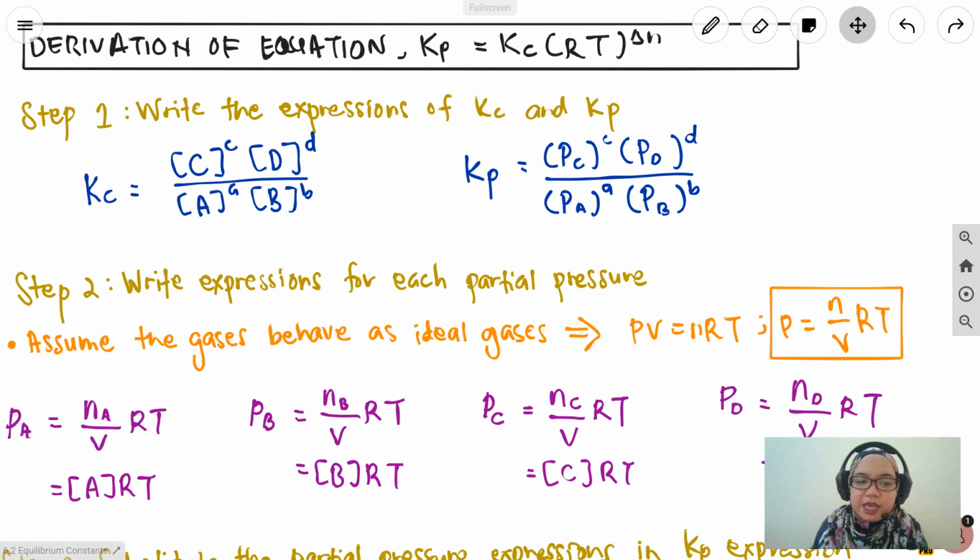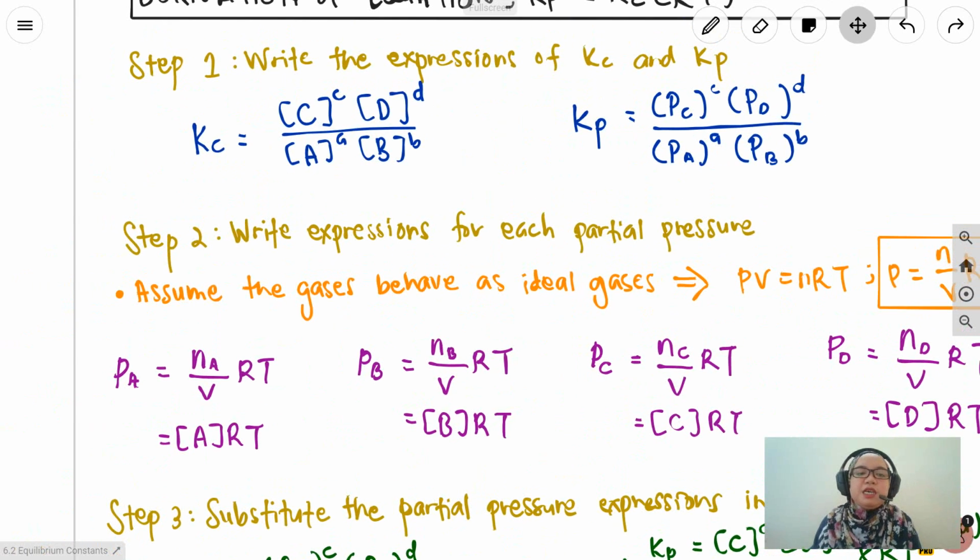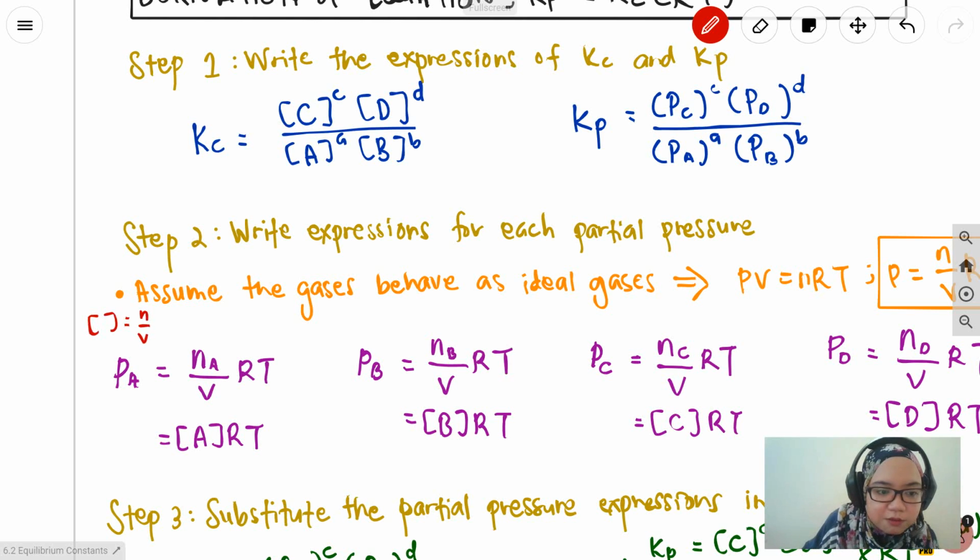For partial pressure A, partial pressure A is equal to number of moles of A over V times RT. So we know that concentration is equal to number of moles over volume, right?